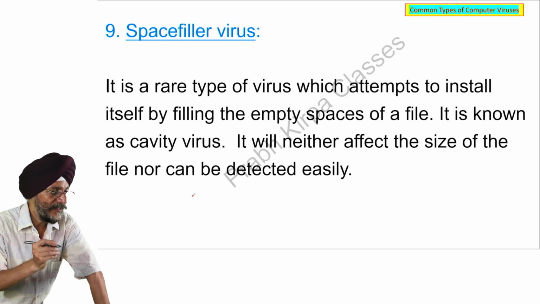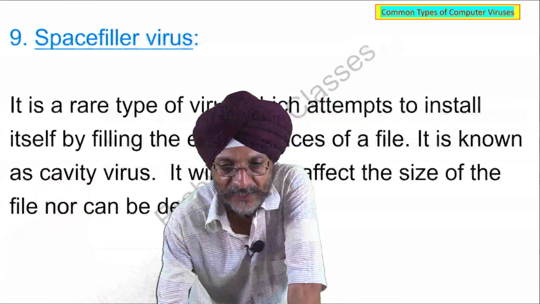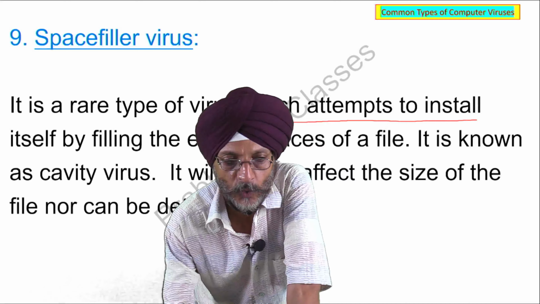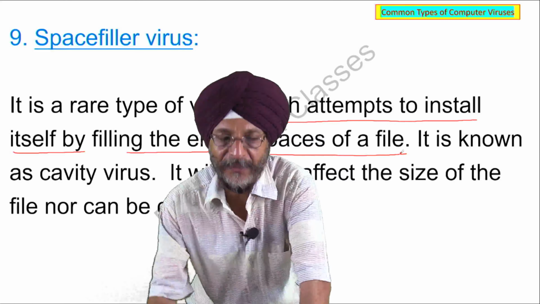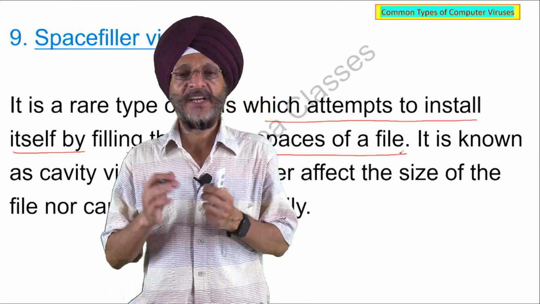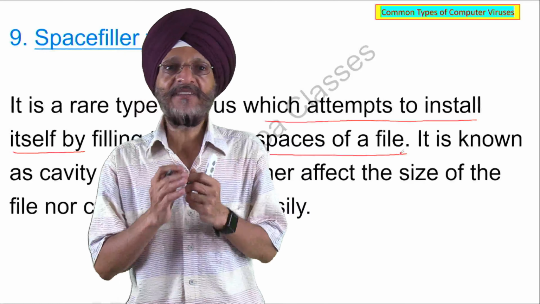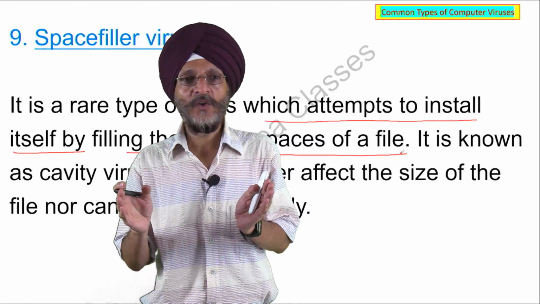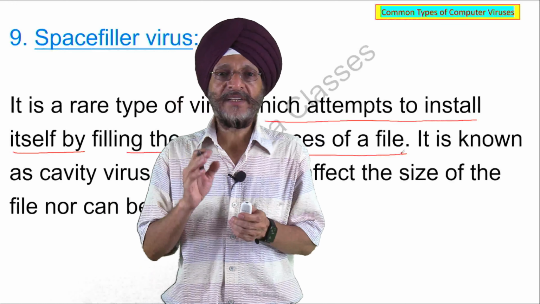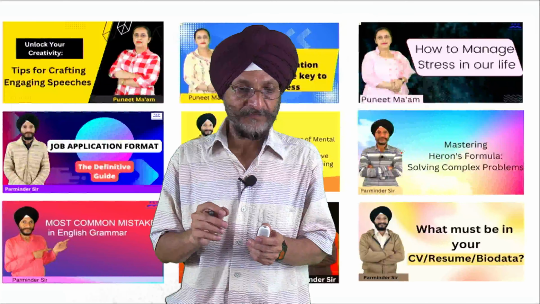It is a rare type of virus which attempts to install itself by filling the empty spaces of a file. It is known as cavity virus. It will neither affect the size of the file nor can be detected easily.